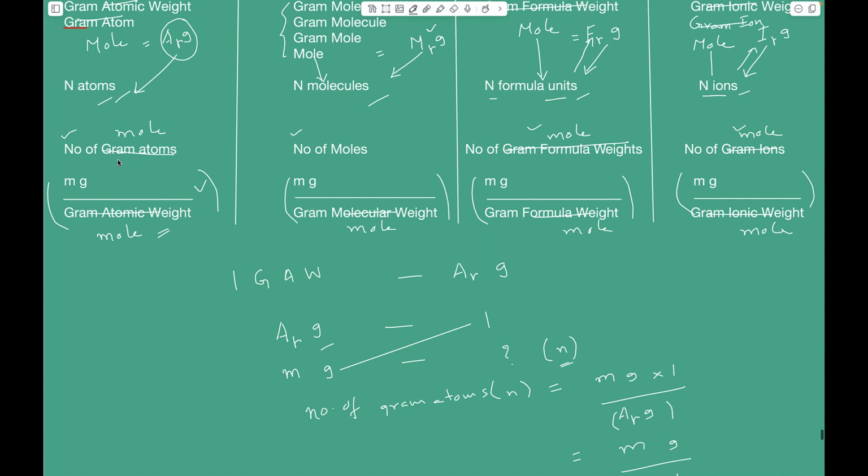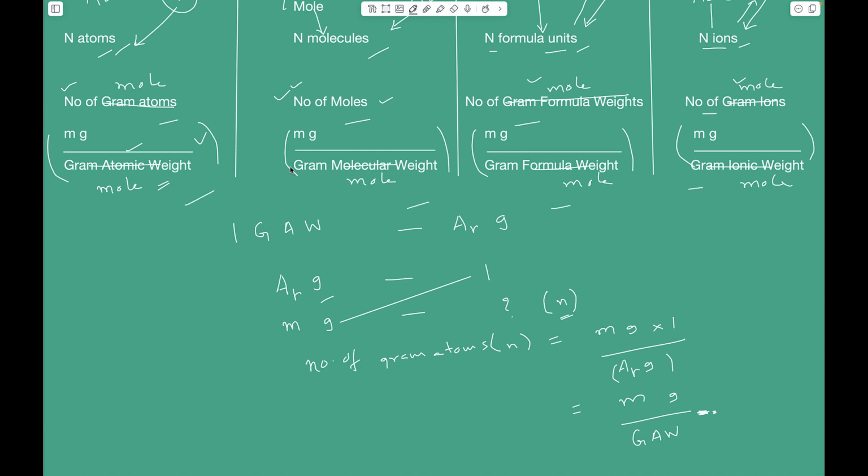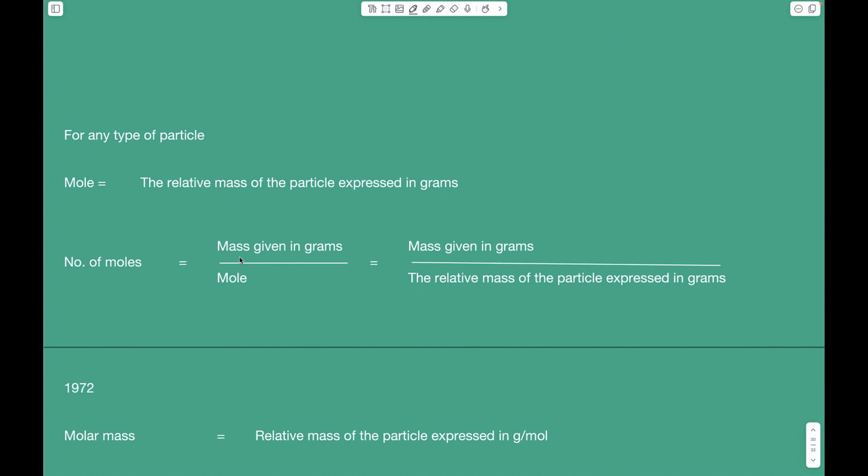So all we have now is number of moles. So instead of having different names and expressions for each type of particle, we can have a single name and a single expression for all types of particles, and that is number of moles. And it is given by the ratio between mass of the substance given in grams and mole.